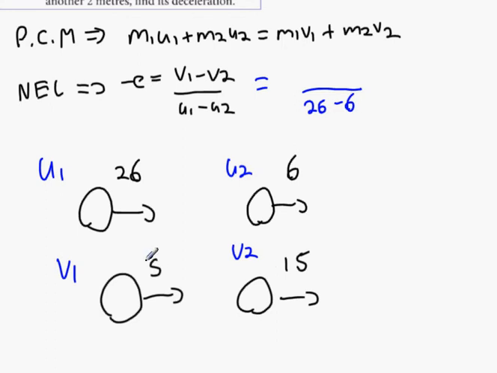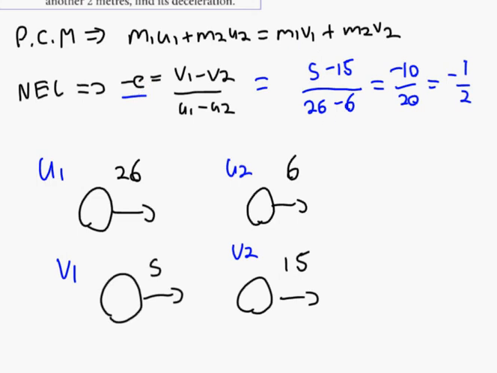When we do V1 minus V2, it's going to be 5 minus 15. This results in minus 10 over 20, which is minus a half. Minus a half equals minus the e value. The e value for that collision was a half. Does that make sense?